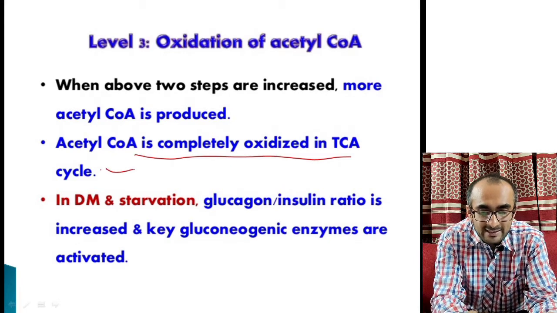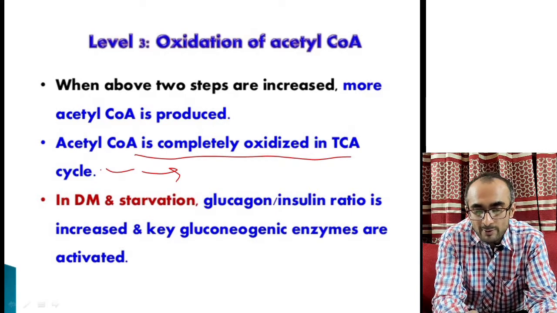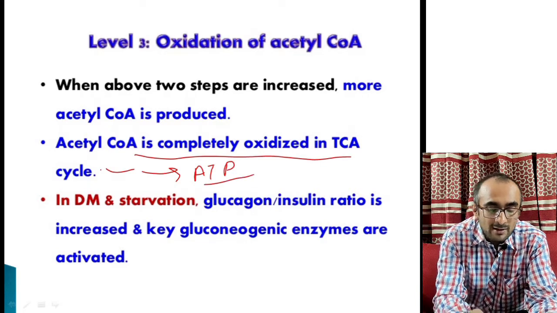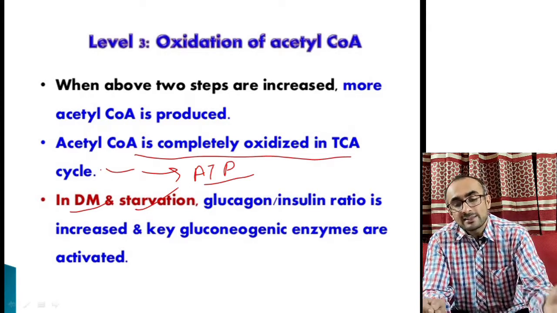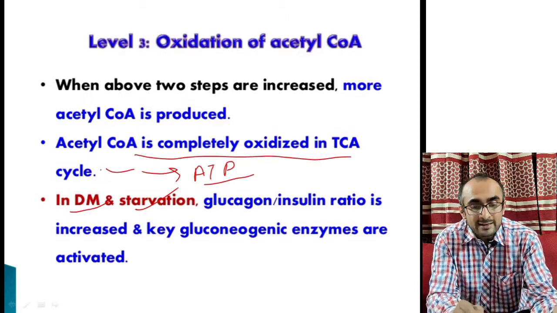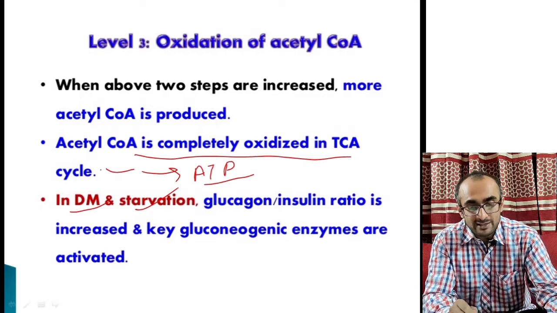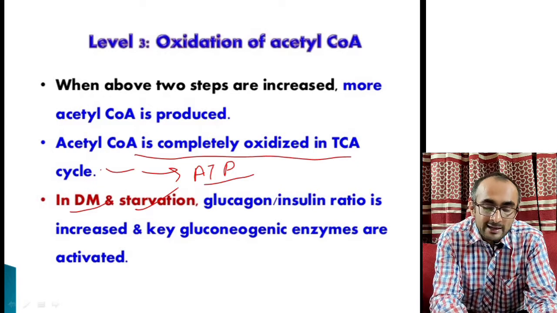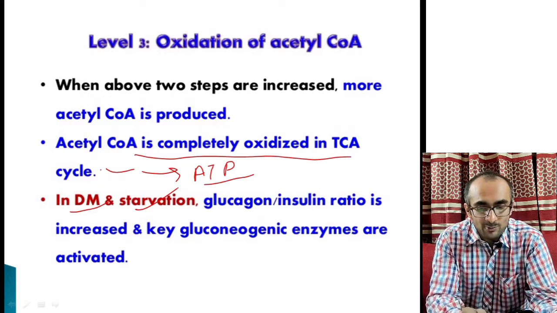If the TCA cycle is active, acetyl coenzyme A will enter into it, and eventually from oxidative phosphorylation ATP will be synthesized. But in case of diabetes mellitus and starvation, acetyl coenzyme A cannot enter into the TCA cycle, because in starvation and diabetes, oxaloacetate is depleted for gluconeogenesis. That's why acetyl coenzyme A produced in beta oxidation is used for synthesis of ketone bodies.